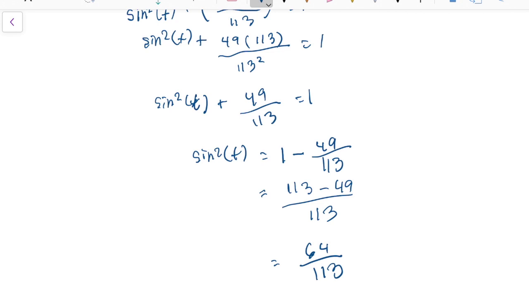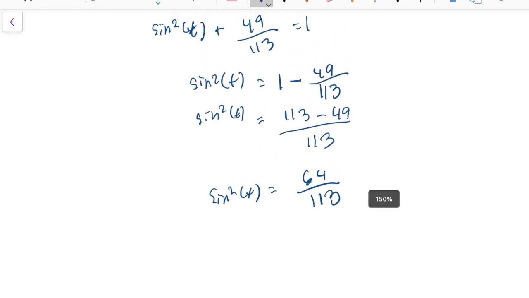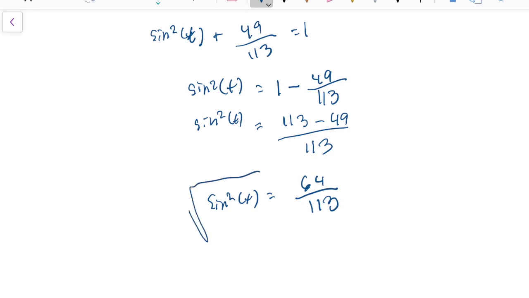So that's sine squared, right? We need sine of t only, so we still have to take the square root of this.